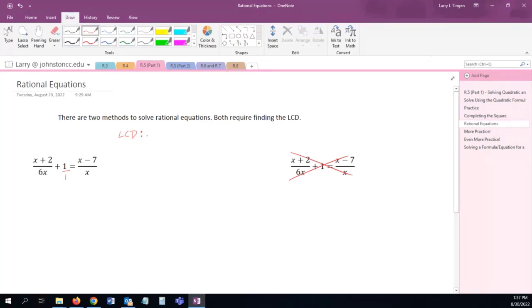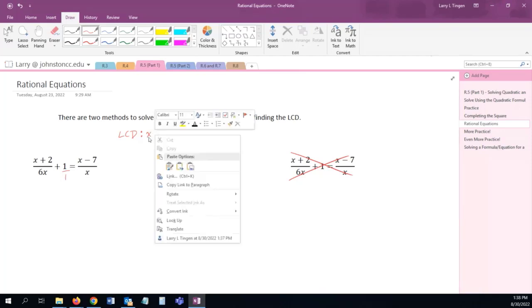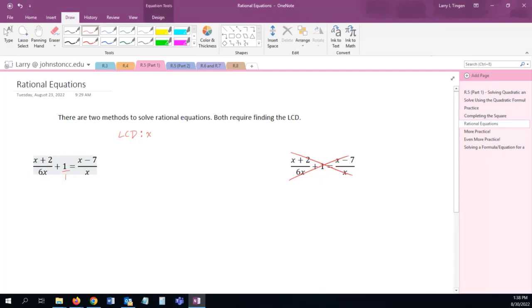And then any remaining factors all get multiplied. So 6x and x have a common x in it. And then my middle term only has a 1 in it, which multiplied by 1, it leaves us with what we started with. And then the one that doesn't repeat is the 6. So my LCD is 6x. So I'm going to multiply both sides by.